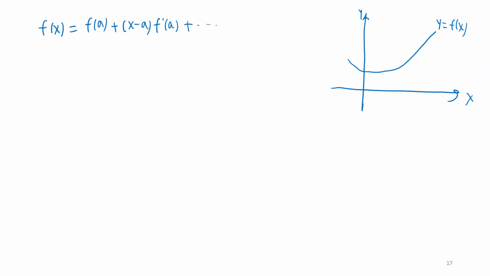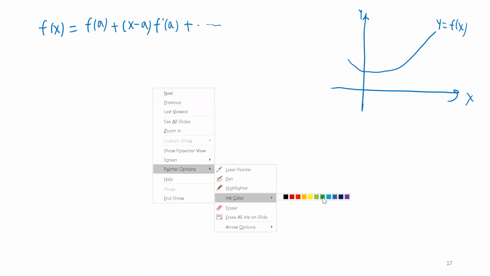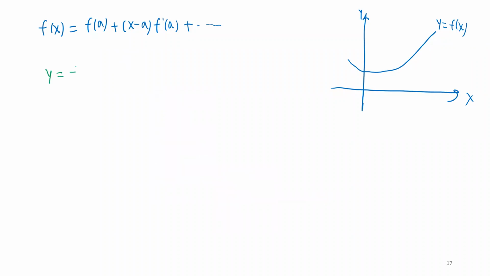We know that we need to add many more terms, but if I just look at these terms, what do they represent? On one hand, I have y equals f of x, and on the other hand, I'm going to draw y equals f of a plus x minus a times f prime a. How does this curve look?